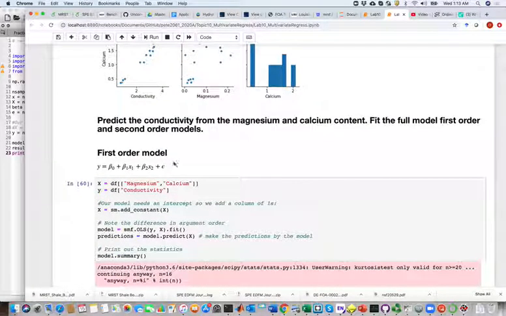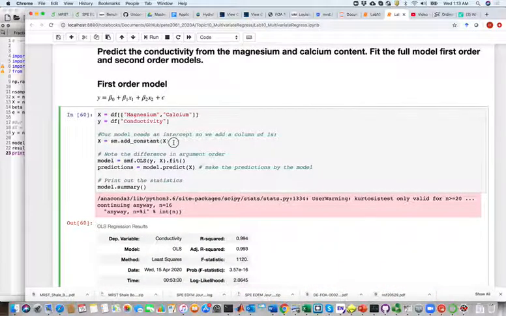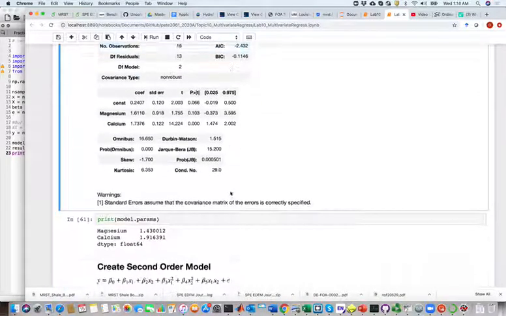This is the first order model again. Two variables, magnesium and calcium content. Here I'm using the constant so I can calculate beta naught. And when you do, this is what you get. Very high R squared and adjusted R squared. This is the number we care about, right? 96.7.